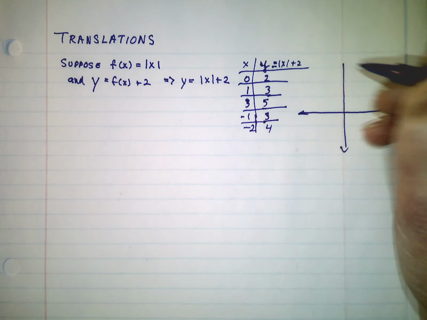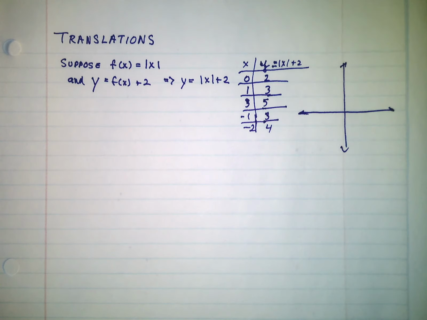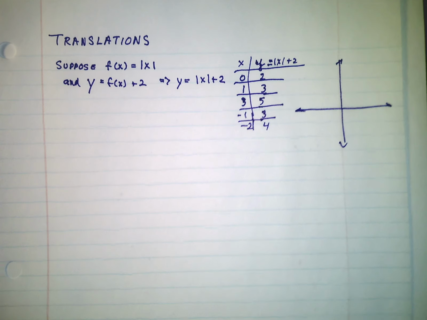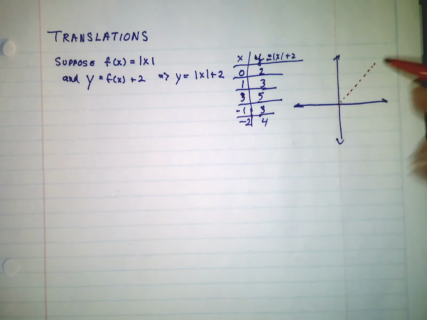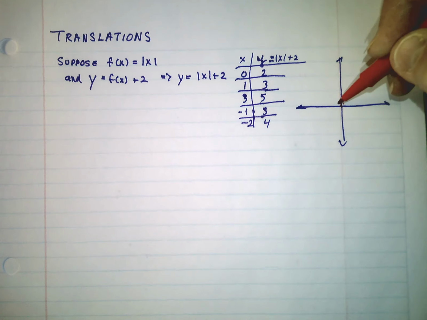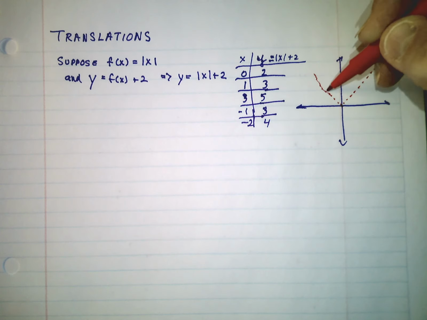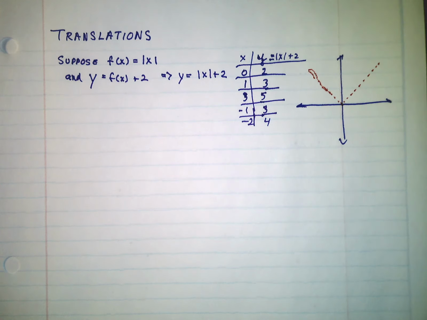And just making a rough sketch here. So we know the original parent function has a graph like this.